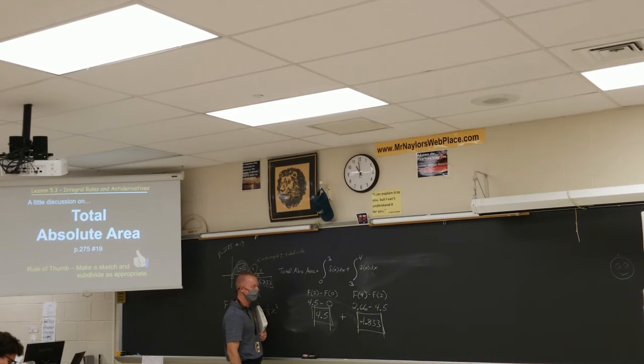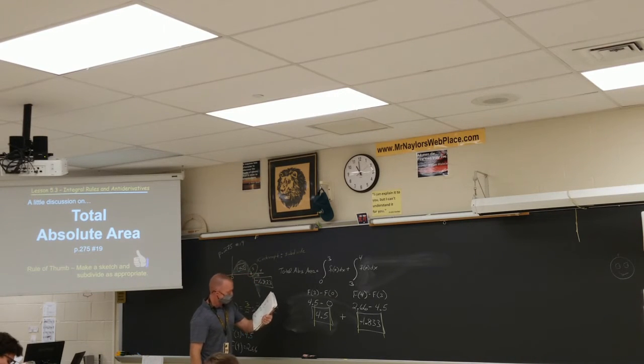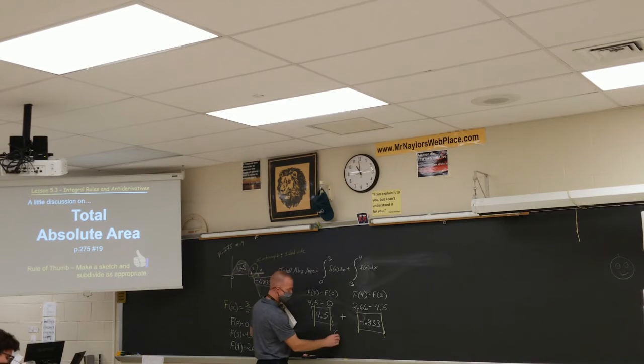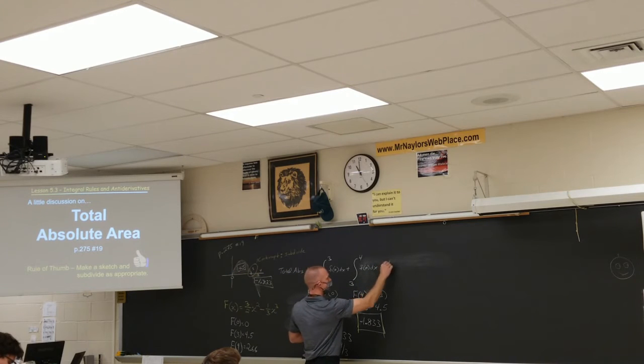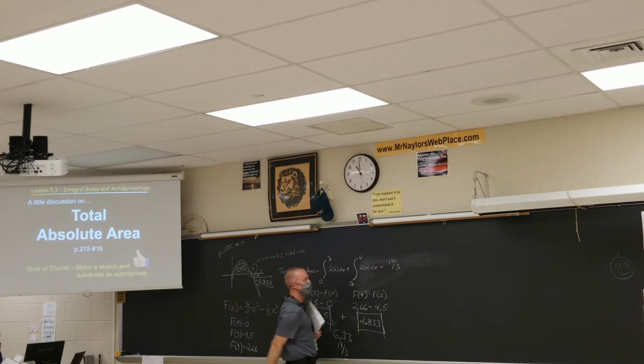So it's going to be a positive 4.5 and a positive 1.83. Okay, and that comes out to be 6 1/3. Or if we use fractions the whole time, it's 19/3. Okay, that's our total area of that shaded region.